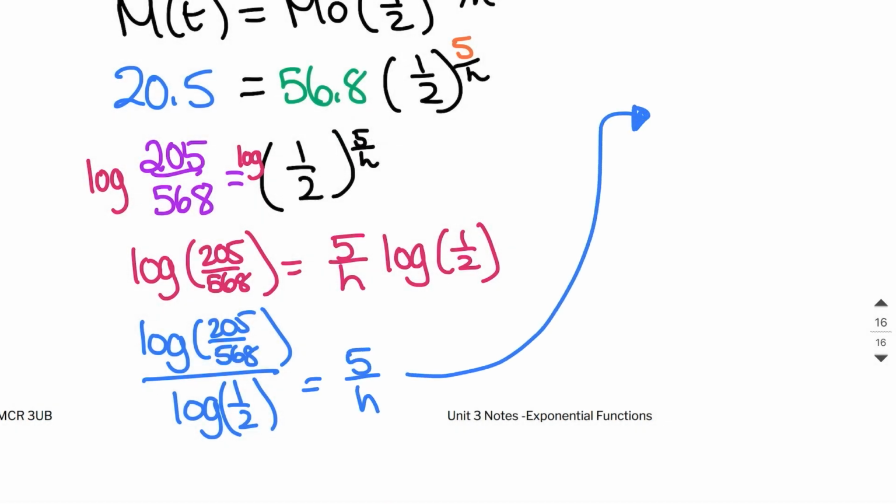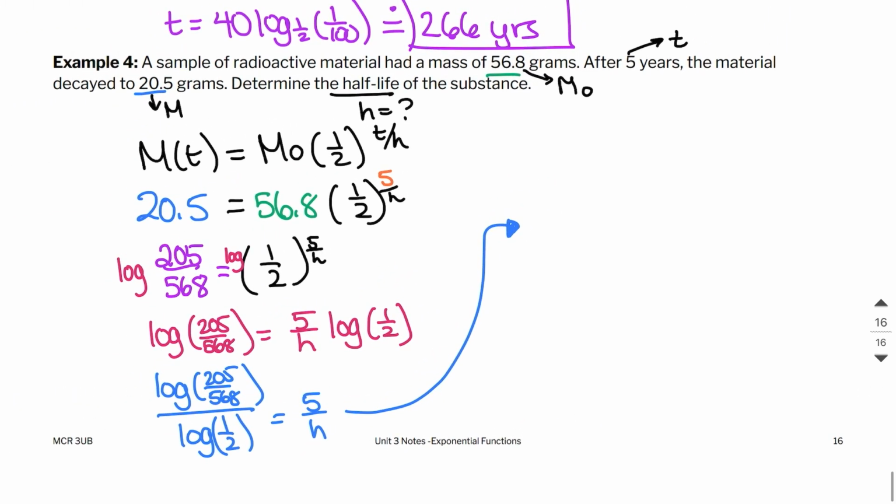is going to equal 5 over h. Well, here's where things get a little bit trickier because I don't love the fact that this h is in the denominator here. So I'm going to multiply everything by h. So this will now say h times the log of 205 over 568 over the log of 1/2 is going to equal 5.